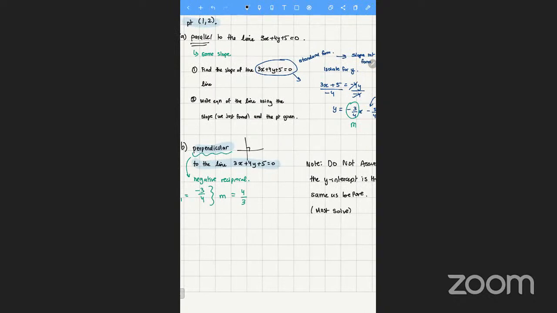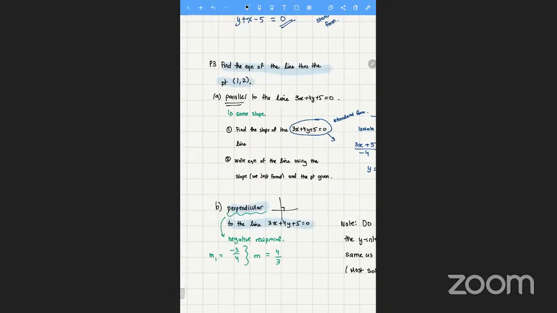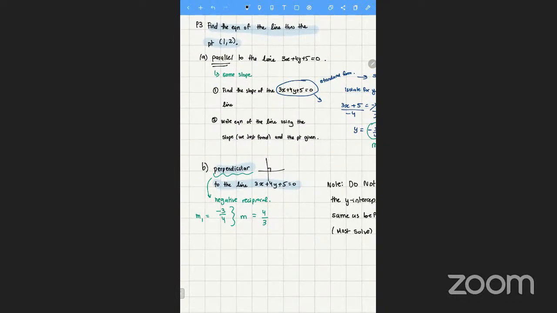Okay, but how do we do that? You know your point is (1, 2). You know your slope. The point is given in the question. Oh, okay. I know what to do. If you multiply these two together, this will isolate everything except b. No, it's plus b, not multiplied by b.